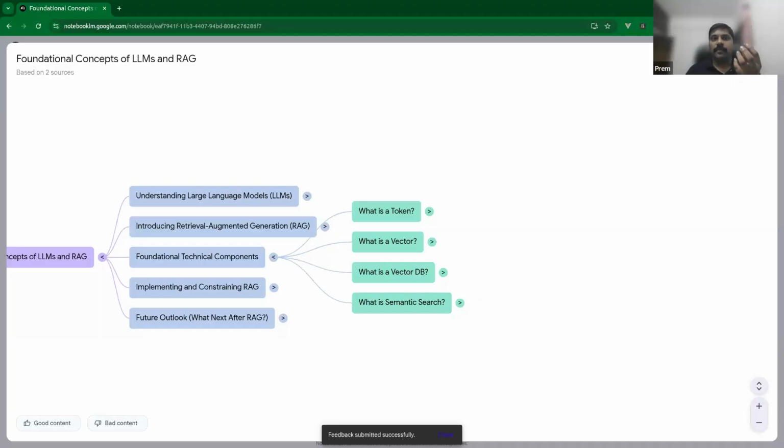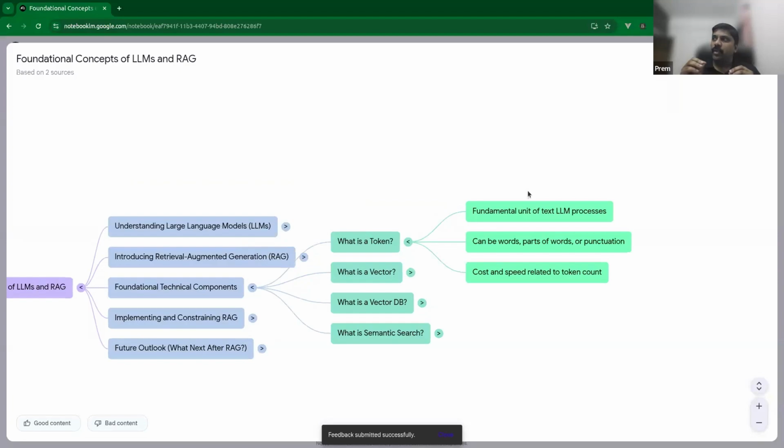So now comes the concept of token. A complete word need not be a token, but in LLM terminology, to understand the meaning of words, we use something called a token. So what is a token? A token is a fundamental unit of text that an LLM processes.